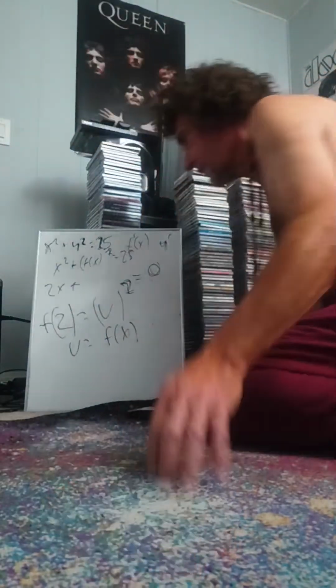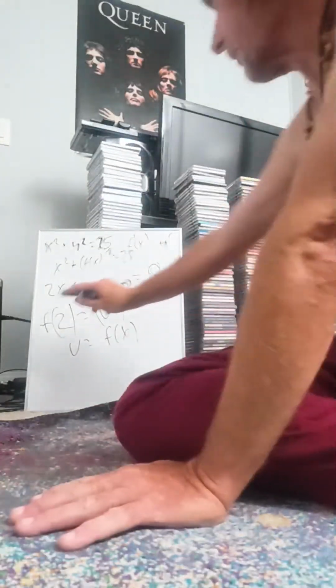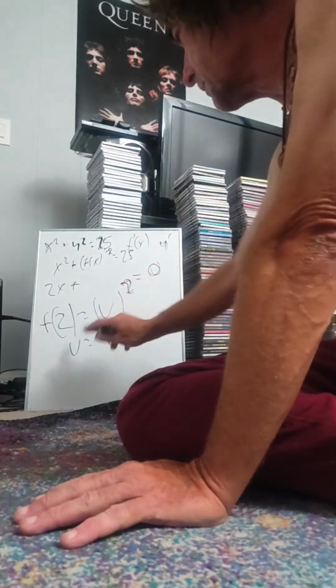But f of z equals u squared, but u equals f of x. Okay, fair enough. We're going to call this thing u. So f of z equals u squared, but u equals f of x.